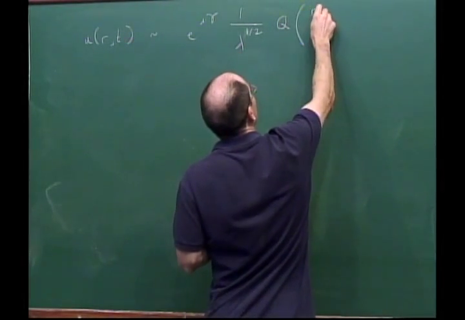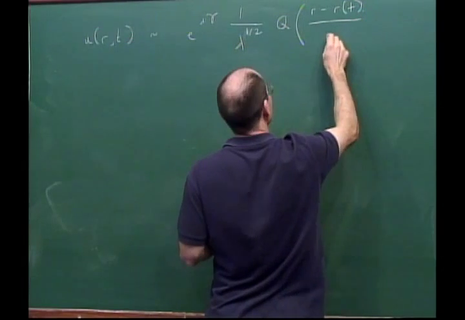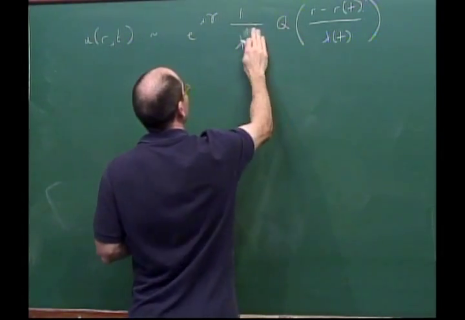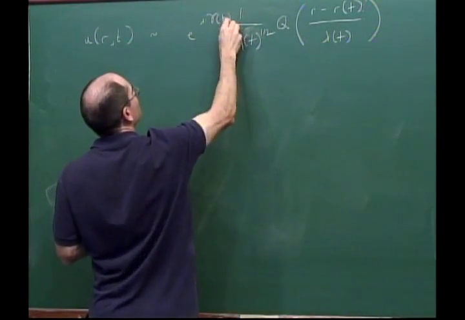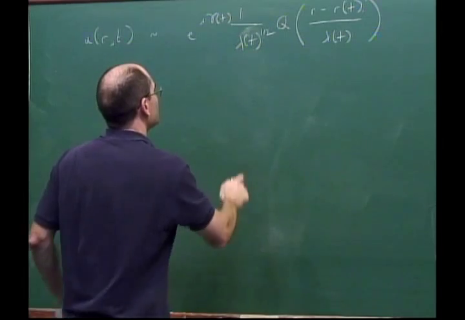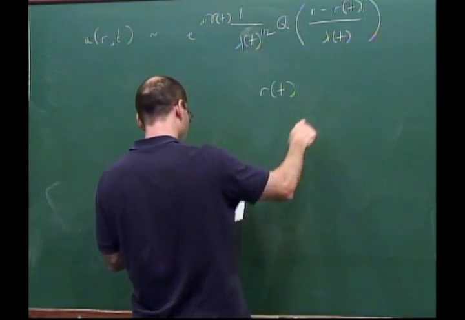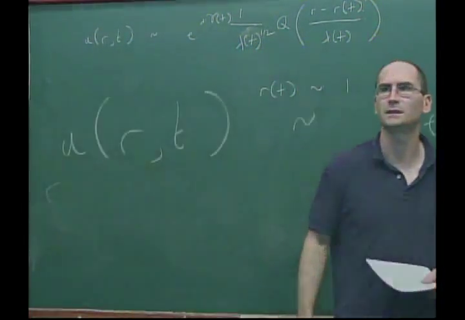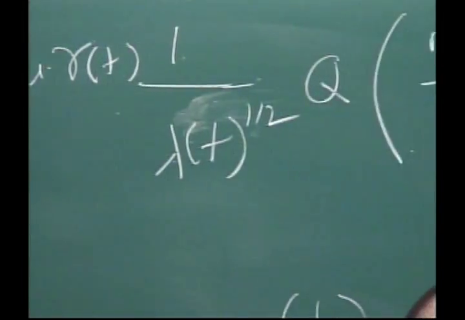So we have lambda, all these depending upon p, of course, where now r of t is converging to some point which is around 1 as t goes to t star.